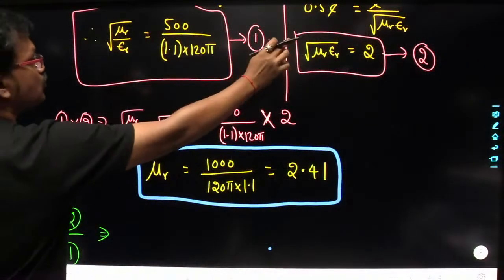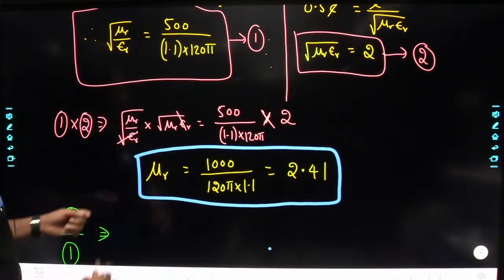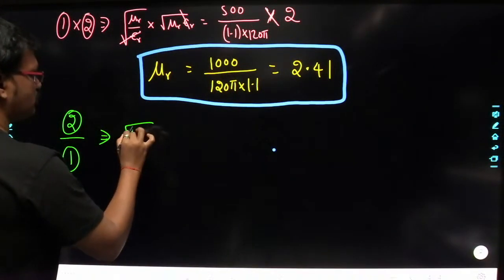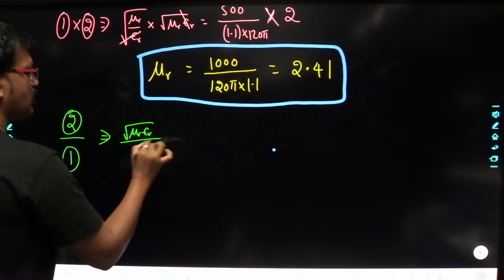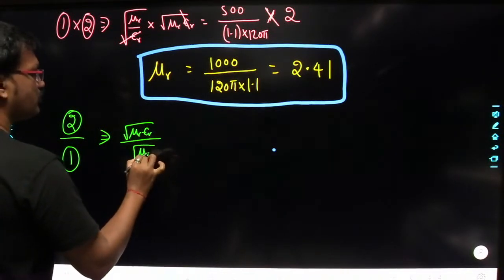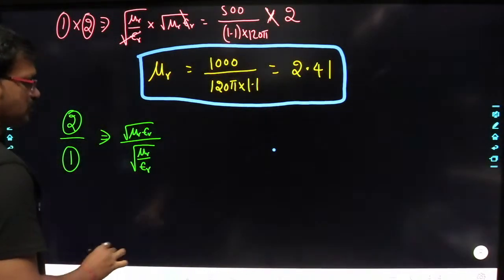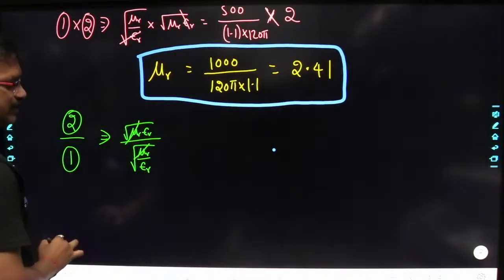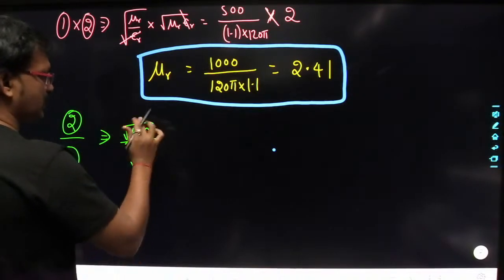So if you do 2 divided by 1, you are going to get the epsilon r value, yes or no? That is square root of mu r epsilon r divided by square root of mu r by epsilon r. Here root mu r and root mu r will get cancelled, so you are going to get the epsilon r value.